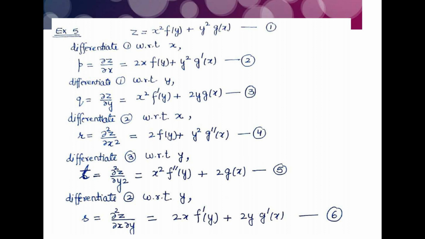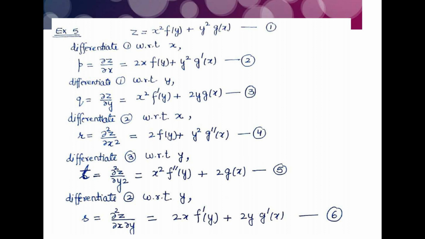We have the second order derivative of z with respect to y, equation number 5. Now start with equation number 2, that is derivative of z with respect to x. Now differentiate this with respect to y. Now we have the second order derivative of z with respect to x and y, given by equation number 6.